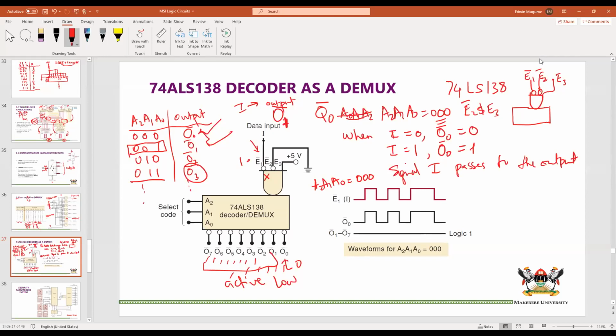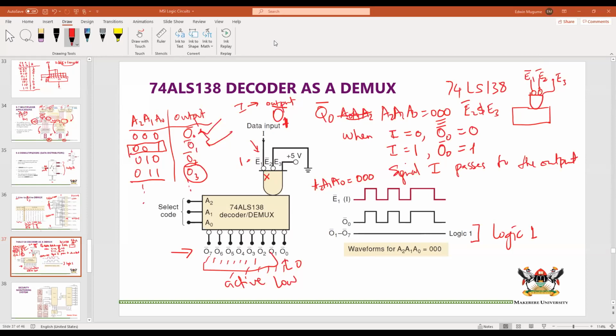And what happens to the others? This is always logic 1, because these are not selected, so they are in their inactive state. Because these are active low outputs, the inactive state is high, and they will always be high. I hope that is quite clear.